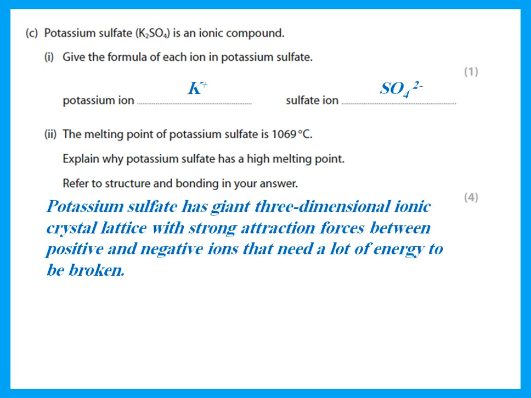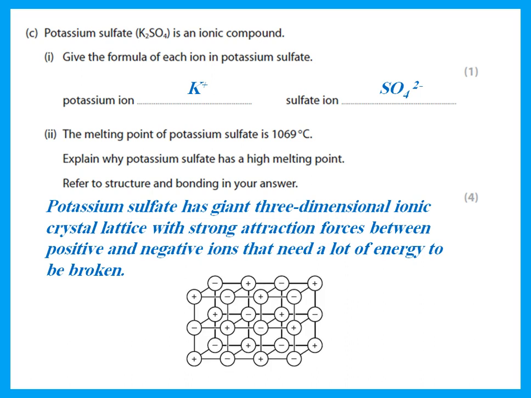this is because potassium sulfate has a giant 3-dimensional ionic crystal lattice. So that is the structure and the bonding. It's an ionic compound, so it has ionic bonds. It is a giant 3-dimensional crystal lattice with strong attraction forces between what?